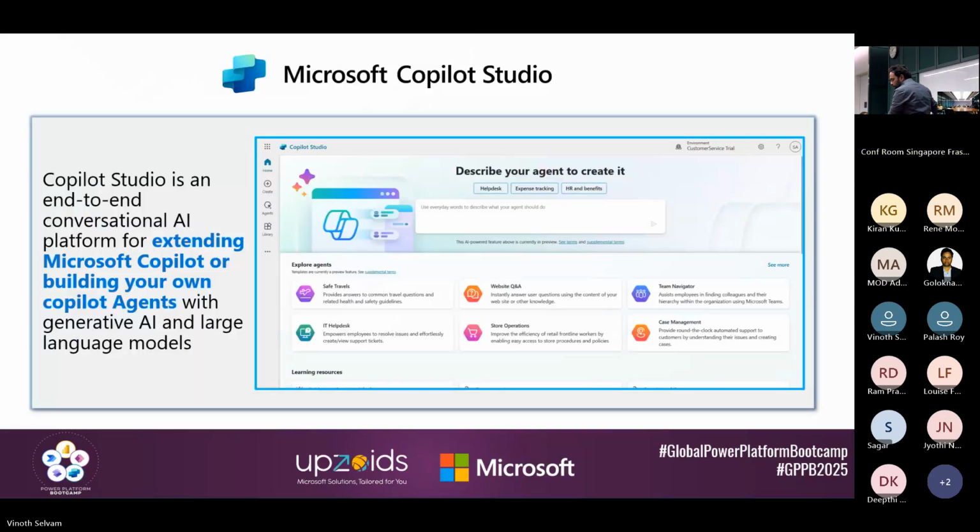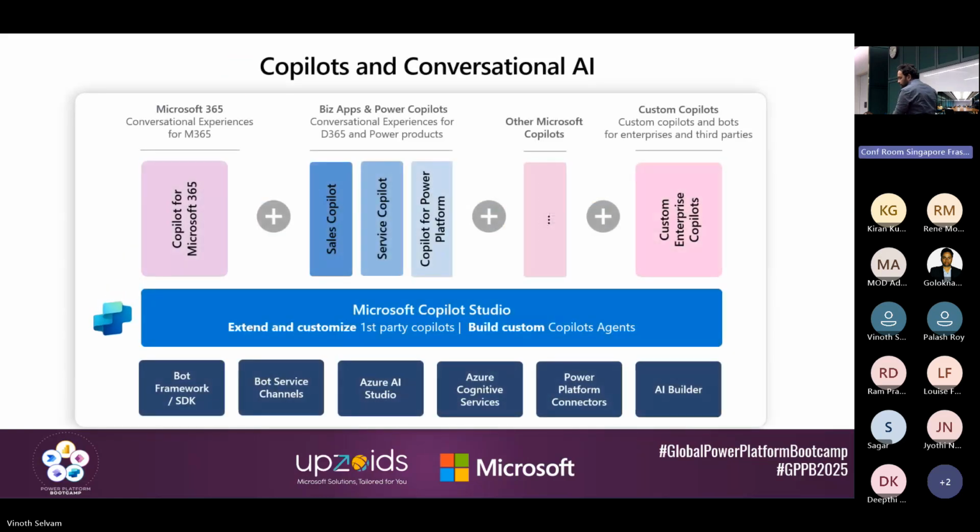So what is Microsoft Copilot Studio? As you know, this is a tool used to extend the existing Microsoft 365 Copilot, or you can build your own Copilot, or extend any other Copilot that is developed and available in existing Microsoft products. We have different Copilots: Microsoft 365 Copilot, Copilot in all the Biz apps, and even the Power Platform, which the previous session was talking about, and other Microsoft Copilot products.